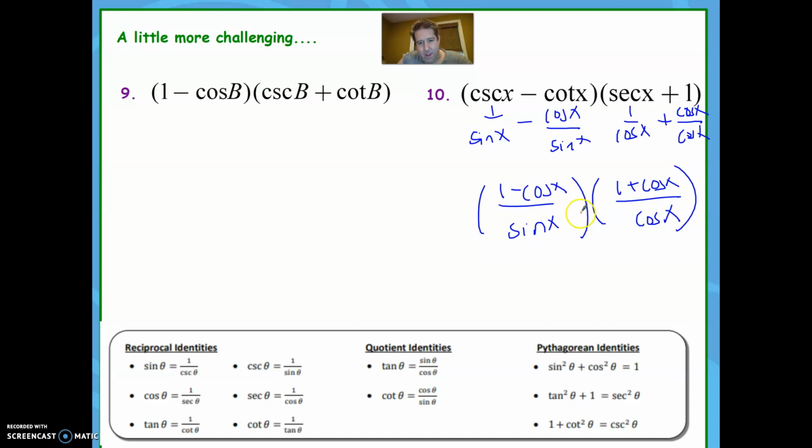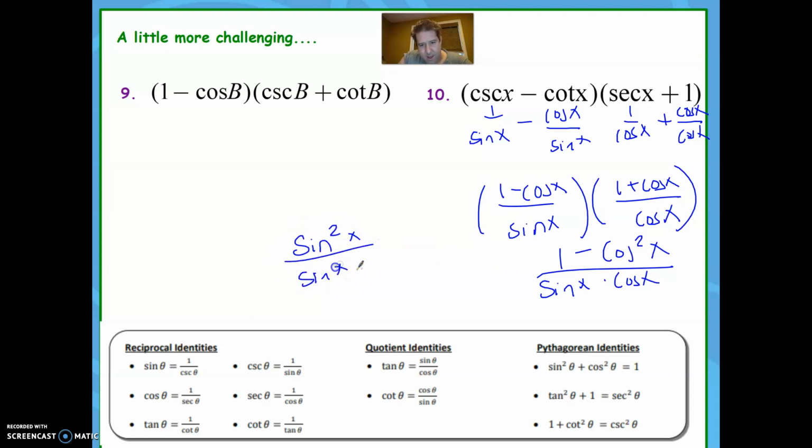Now I can multiply the two by each other. Well, the denominator is easy: that's going to be sine of x times cosine of x. And the numerator is a difference of squares, which is the nice thing here. It's going to turn into 1 minus cosine squared of x. Now, you can probably figure out where I'm going from here. 1 minus cosine squared of x is sine squared of x, so sine squared of x over sine of x times cosine of x.